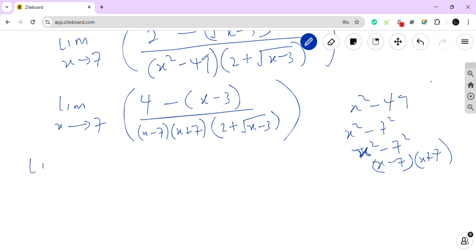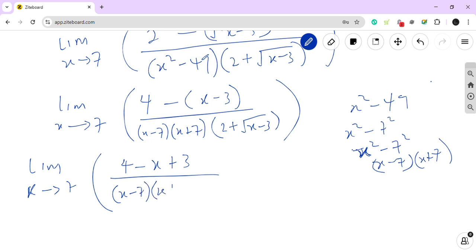Alright, so the limit as x tends to 7 now, of this can be 4 minus x plus 3, right? Over x minus 7 and x plus 7, into 2 plus root x minus 3. Yes.